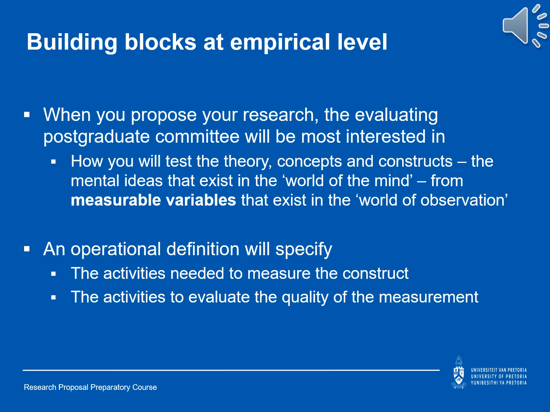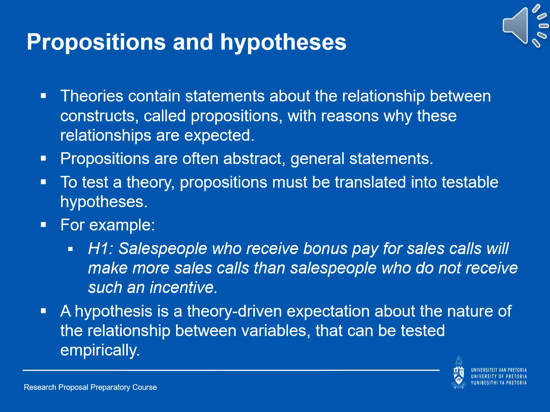Even though other parts of your research proposal are important, such as the literature review, it is not as important as the contribution your study will make and the measurable variables you will use. Postgraduate committees want to see what you expect the outcome of your study will be and how you are going to measure and analyze to test the expectation. For that, the propositions of your theoretical foundation need to be translated into testable hypotheses.